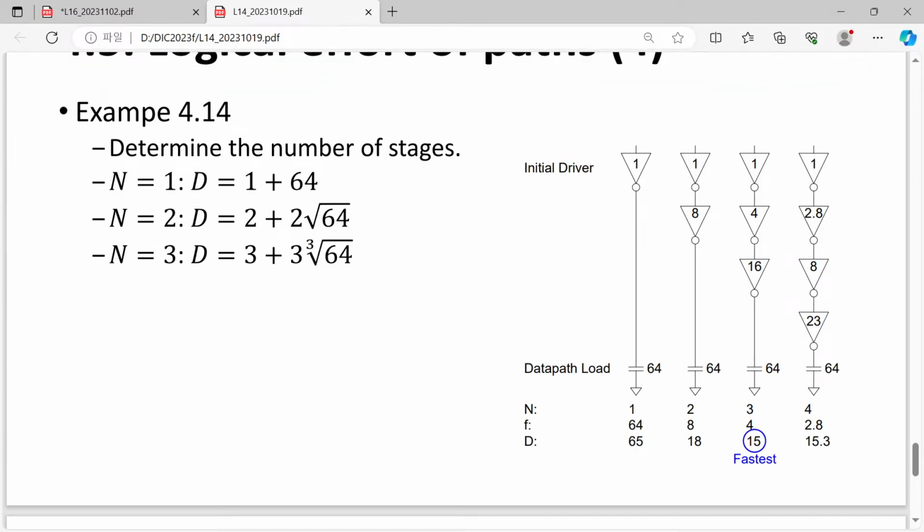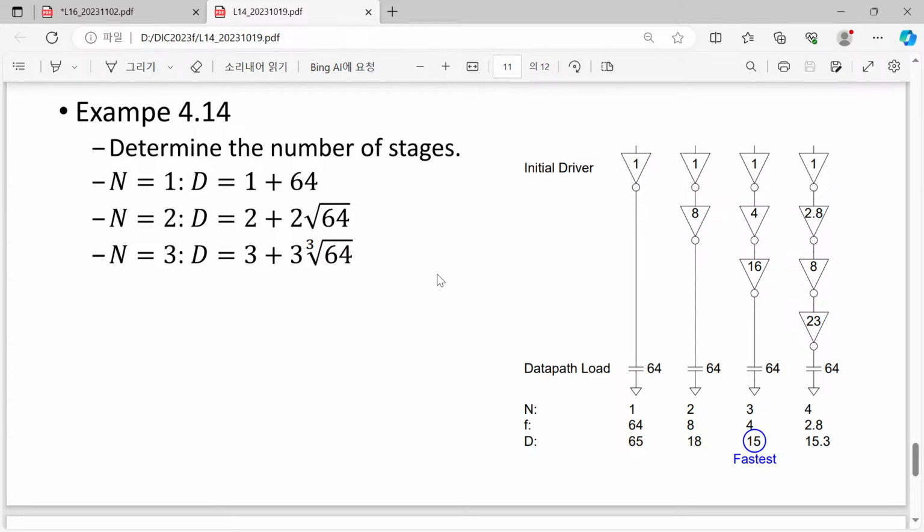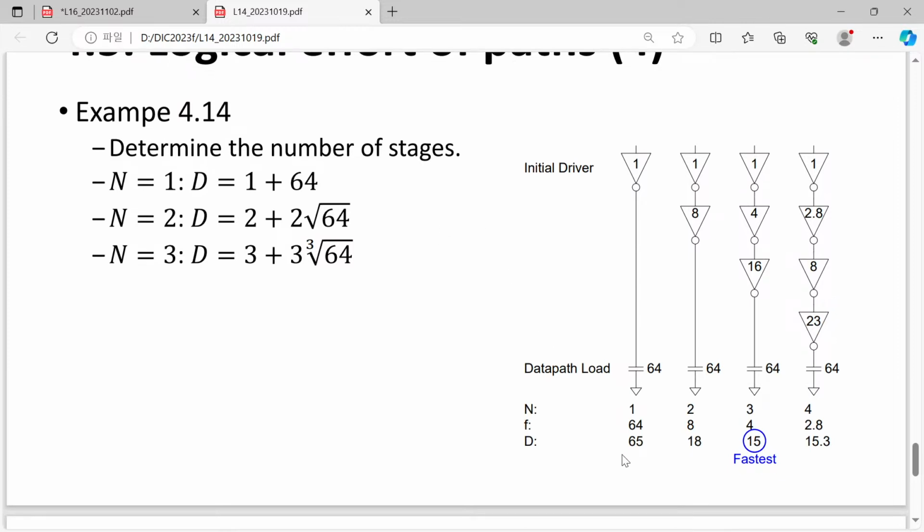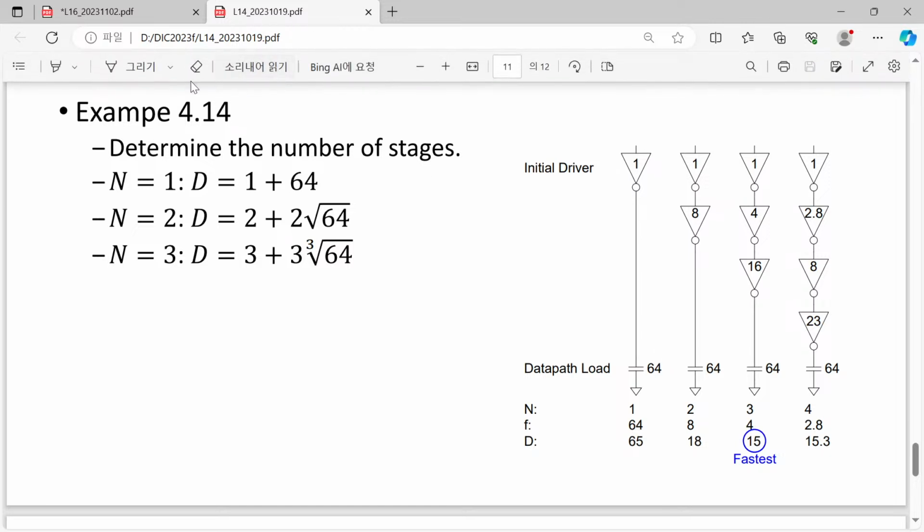I'm now showing our previous lecture 14 slide. Maybe you remember this one. Here we have the same data path load, and in order to minimize the delay, we can introduce one stage of inverter, 2, 3, 4, different numbers of stages.